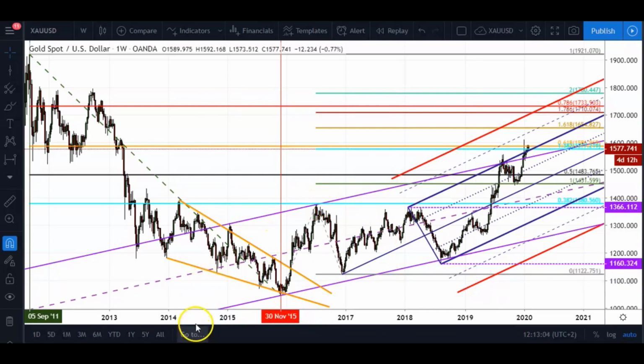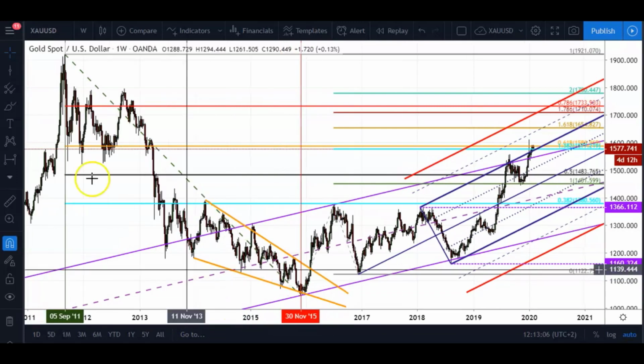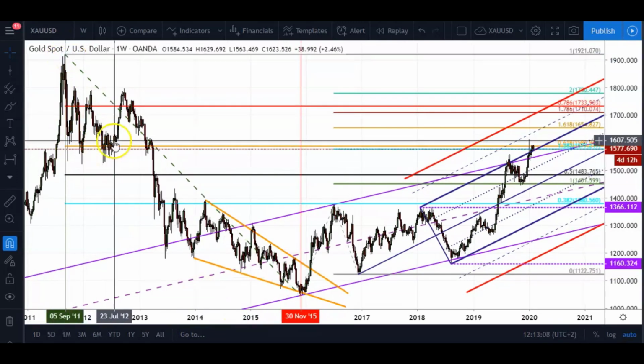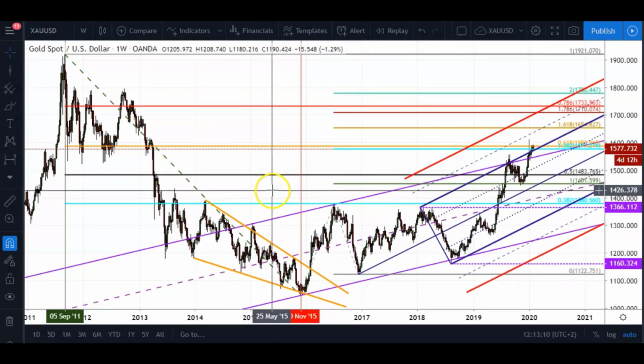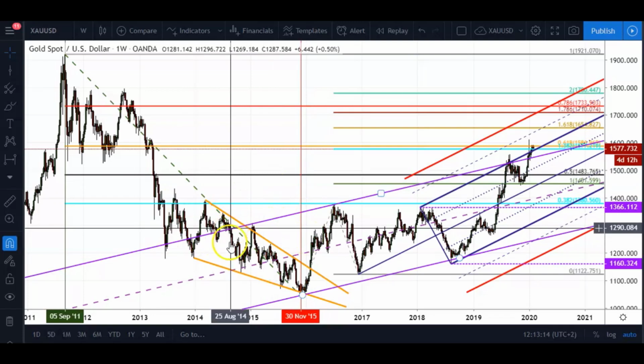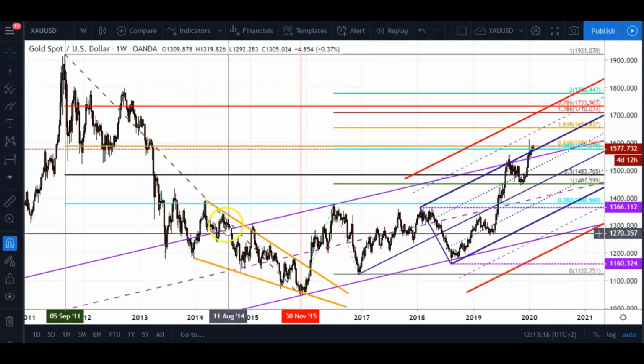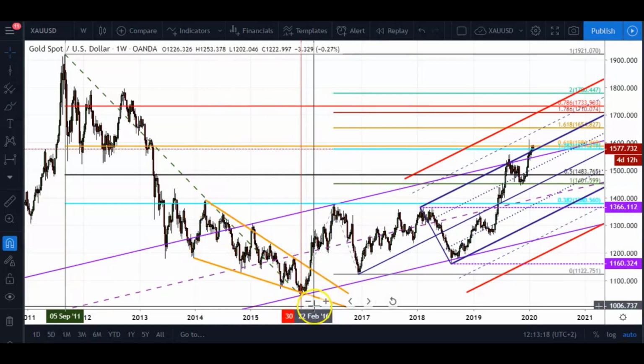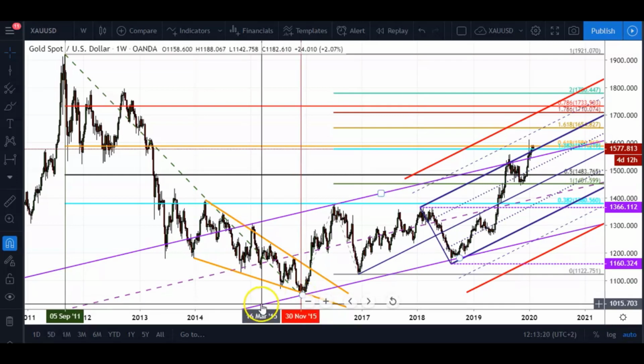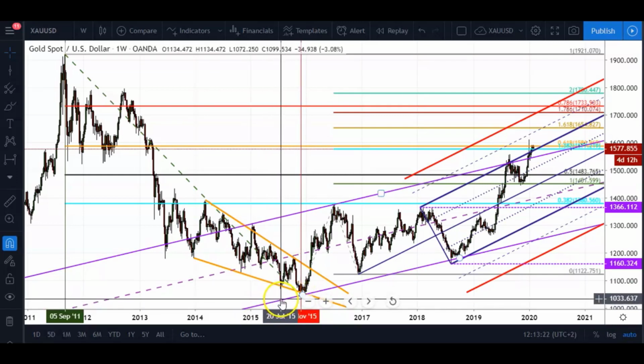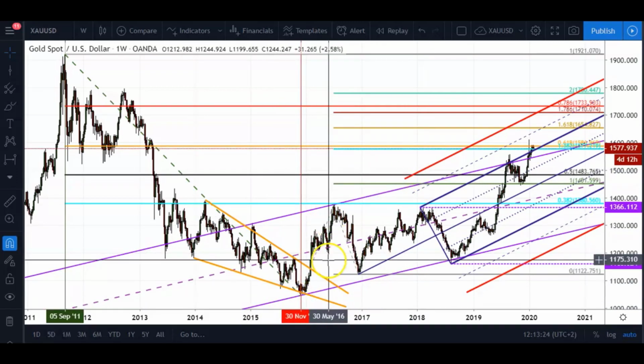Now, in the bigger picture, one has to ask oneself, what was this move lower here? And it's really difficult to make sense of these sort of things. And obviously, this is in hindsight, but whatever this was, it did look like an ending diagonal where price ended at this 30th November low in 2015 and started moving higher.